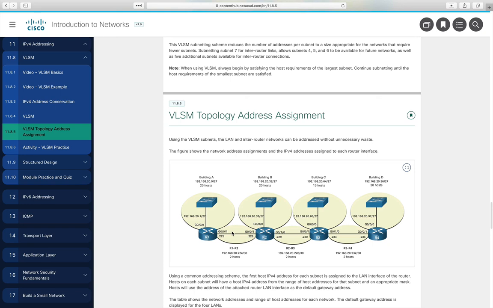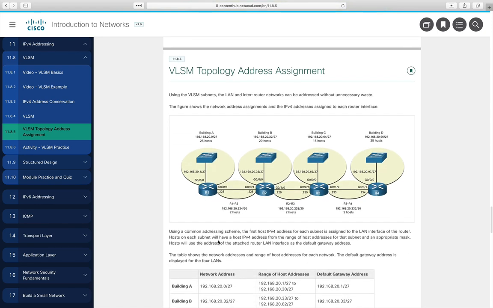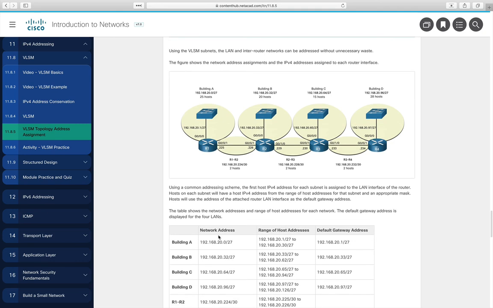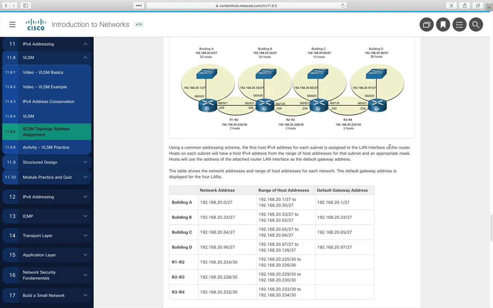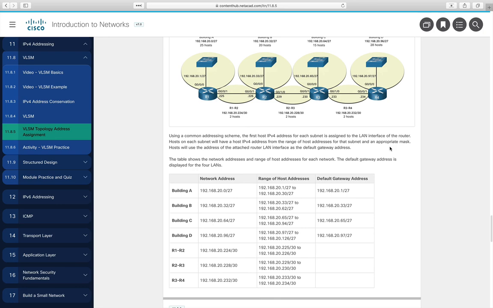We can do even better if the size of the networks varies, so that we can subnet down like they showed you in the second video. So I will give you some examples outside of the formal curriculum related to this. So here we have, I guess, the same topology as before.